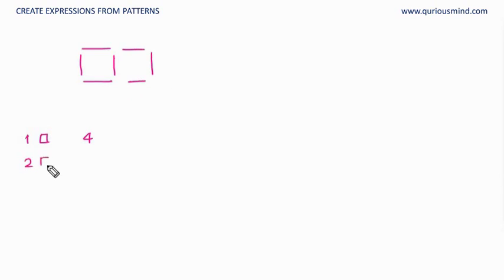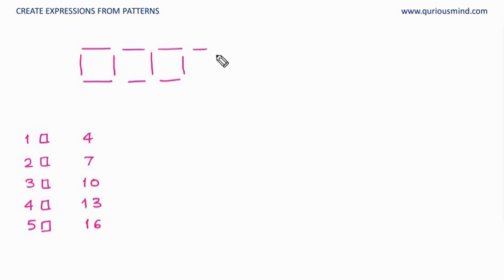How many matchsticks I need? 1, 2, 3, 4, 5, 6, 7. 7 matchsticks. If I want to make 3 squares, I need to add 1, 2, 3 more. So 10 matchsticks. And so on, like 4 squares will require 13 matchsticks. 5 squares will require 16 matchsticks.